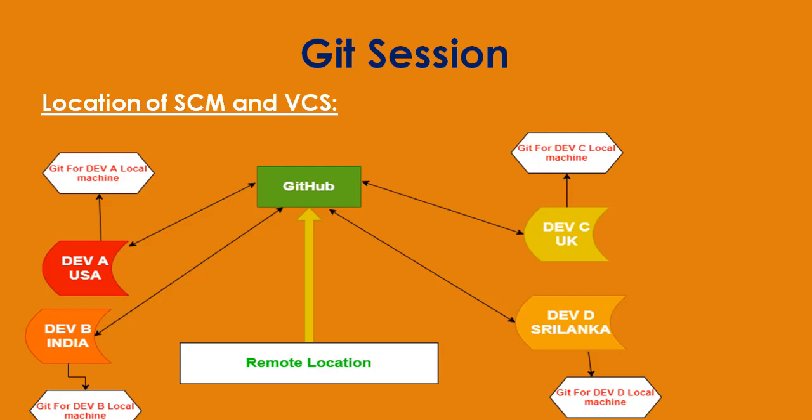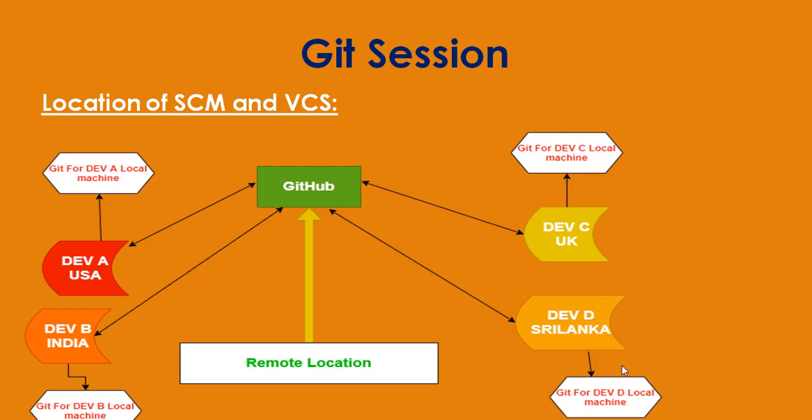So here GitHub is the remote location, and dev A is at USA location, dev B is at India location, dev C is at UK location, dev D is at Sri Lanka location. Dev A has his individual Git on his local machine, and dev B also has an individual Git on his local machine, and dev C also has Git on his local machine, and dev D has his own Git on his local machine.